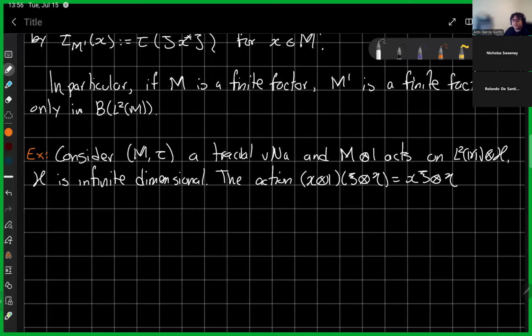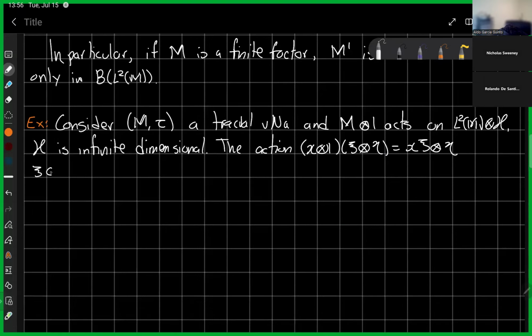That's why you have an implicit 1. Here xi is in L2, and eta is in H.